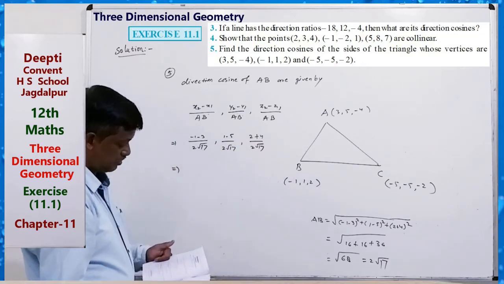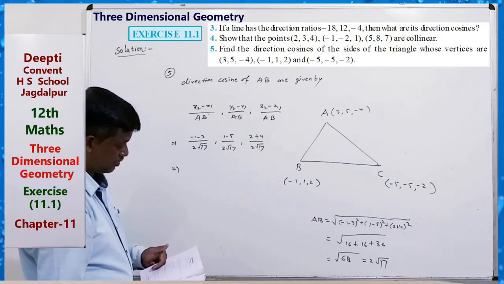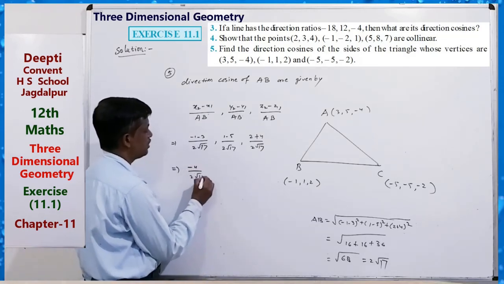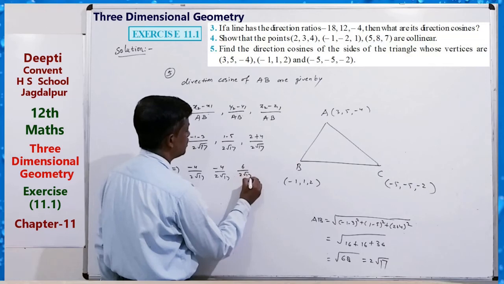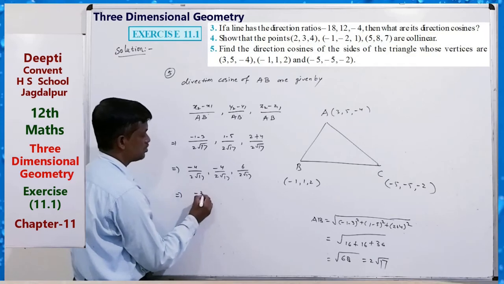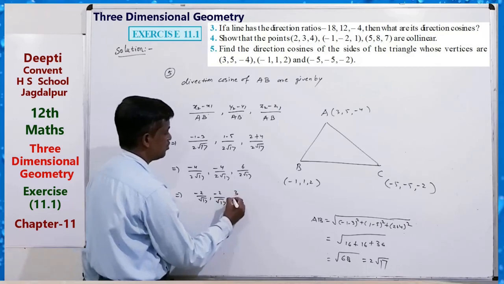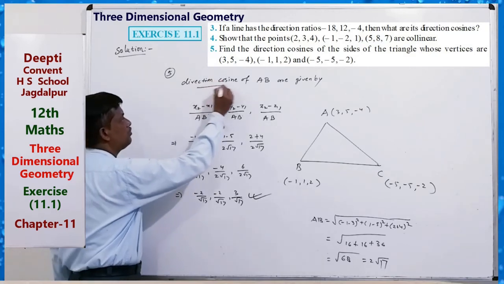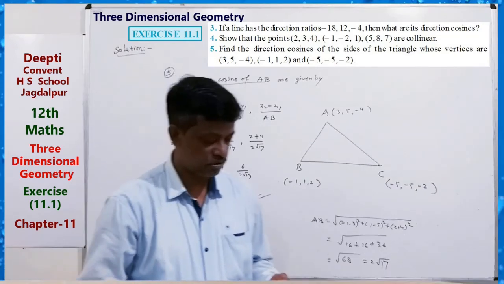This is the value: -4 by 2 root 17, -4 by 2 root 17, 6 by 2 root 17. The 2 cancels, so we can write -2 by root 17, -2 by root 17, 3 by root 17. So these are the direction cosines of AB. Clear? Direction cosines of AB: -2 by root 17, -2 by root 17, 3 by root 17.